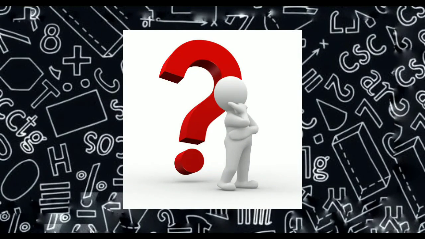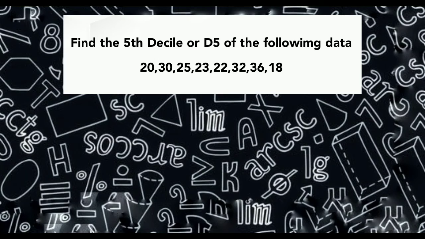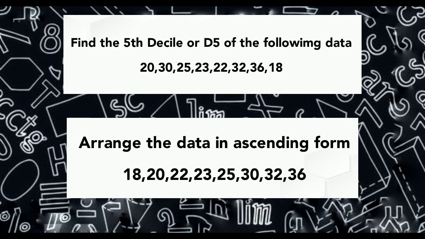What if we will find the median in decile? Example, let's find the median of d sub 5 of the following data: 20, 30, 25, 23, 22, 32, 36, and 18. Again, we will arrange the data in ascending form, and our n will be 8, because 8 is the total number of the samples.